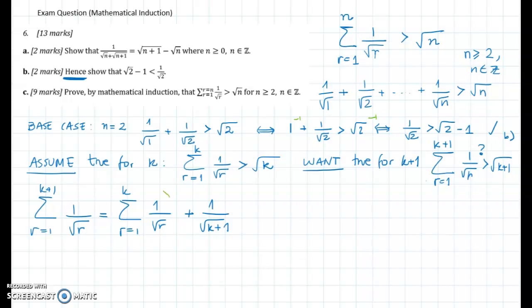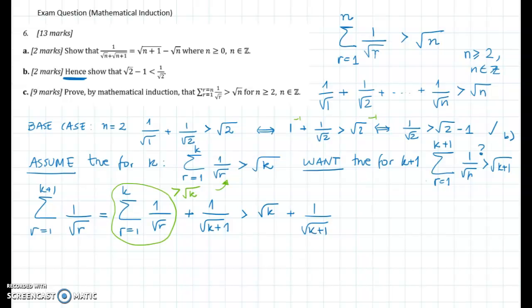And why did we do this? Because the first part of the sum, the first k terms, we are assuming to be greater than square root of k. This is our inductive hypothesis right here. So we can write that our sum is greater than square root of k plus 1 over square root of k plus 1.